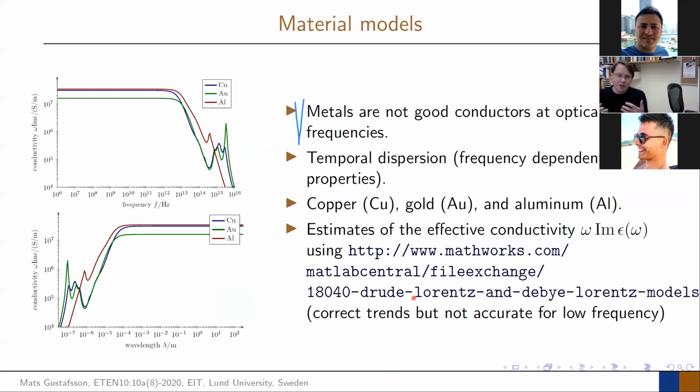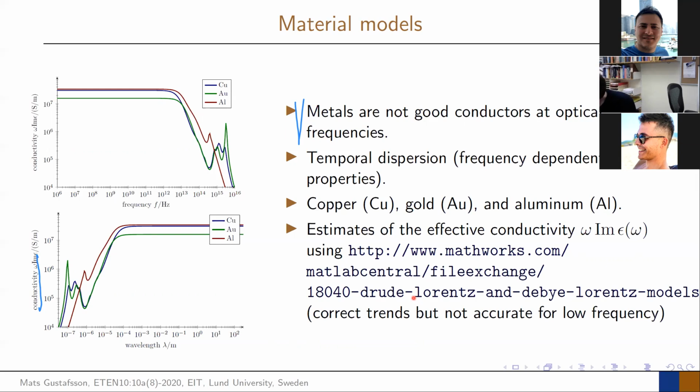For conductors, we would measure that by saying there is a conductivity or resistivity, and a good conductor has a very high conductivity. If we look here at the conductivity of typical materials, this is conductivity, just estimated from these parameters.